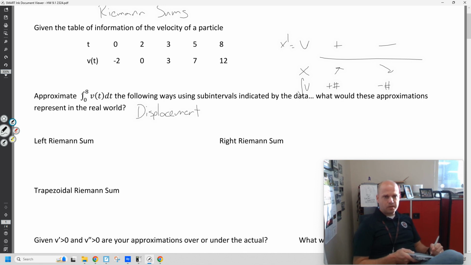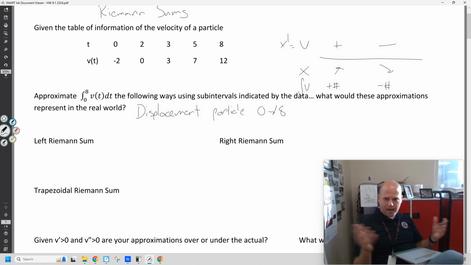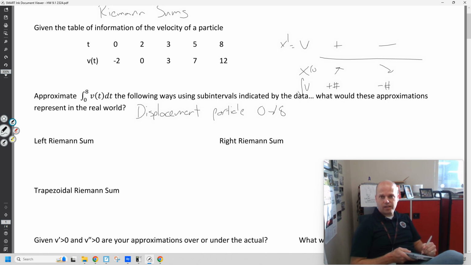So it's the displacement of this particle from 0 to 8 seconds. It's going to incorporate the negatives and the positives, add them all together to figure out how far you ended from how far you started. It's like x of 0, wherever that is. Maybe it's c, I don't exactly know, versus x of 8 is equal to some number plus c. And the difference is the displacement.